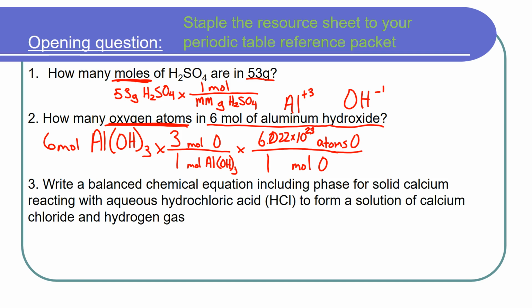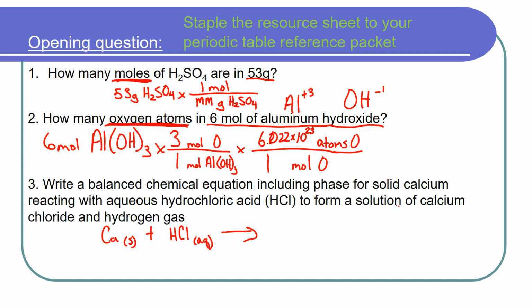Next question, it says, write a balanced chemical equation. I'm not so much worried about the phase, unless it tells us there. So we start with solid calcium, so I'm going to write Ca with an s. All right. Reacting with aqueous hydrochloric acid, so HCl aq, to form a solution of calcium chloride.